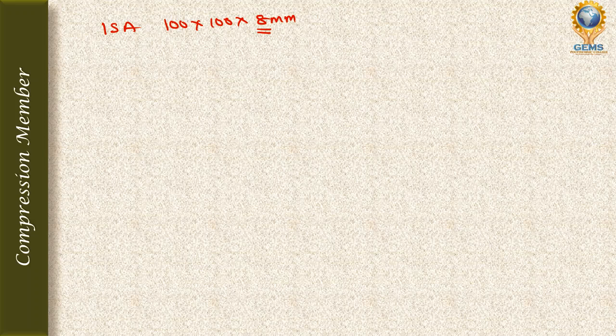From the steel table, the area is given as 1539 mm square and our r minimum value is equal to 19.5 mm.